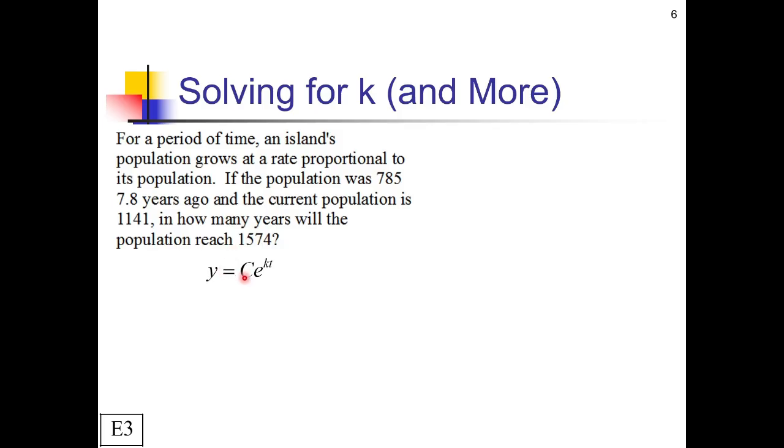So we actually start with c and y. The tricky part, though, is they didn't give us the rate. They didn't give us k. So in order to figure that out, we're actually going to need to plug some other things in first. Now, if I want to find the k value, I'm reading this here. They said the population was 785, 7.8 years ago. So we can use that past value to help us solve for k.